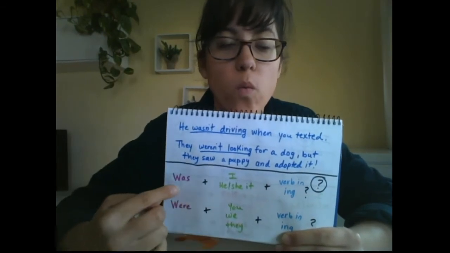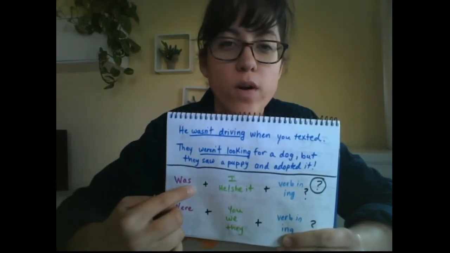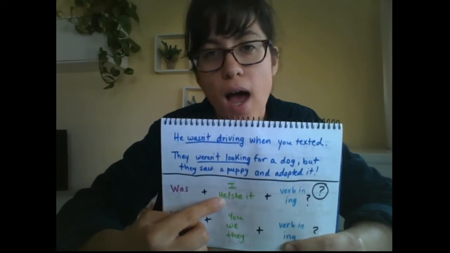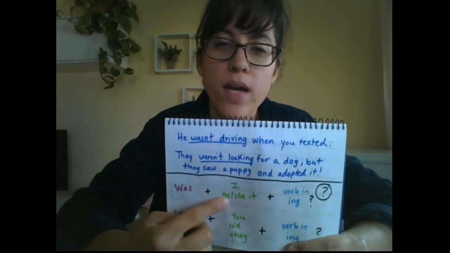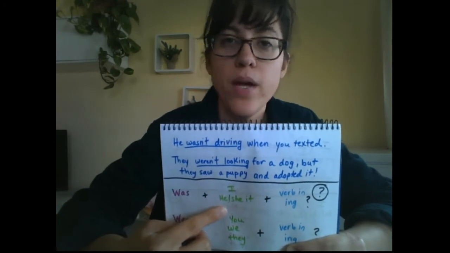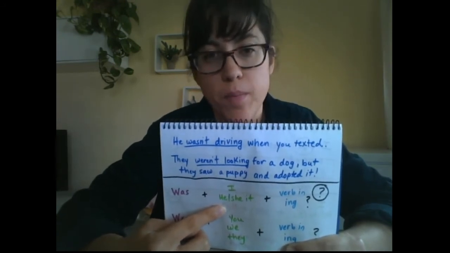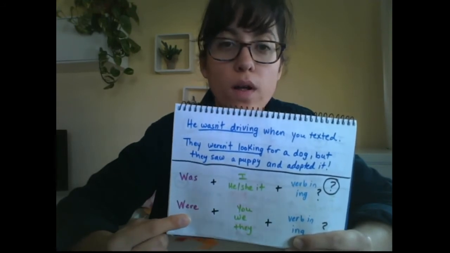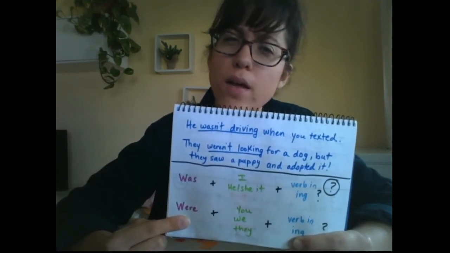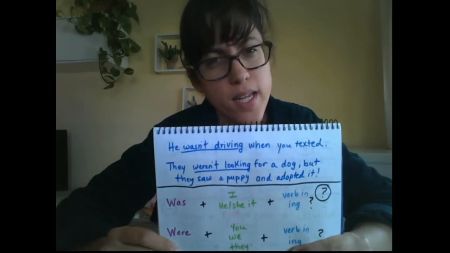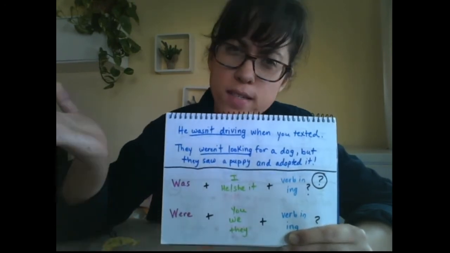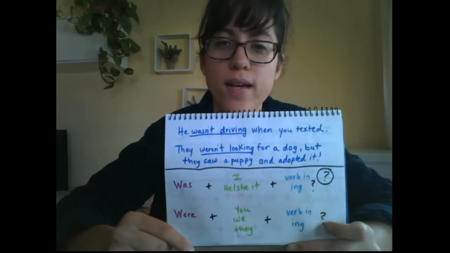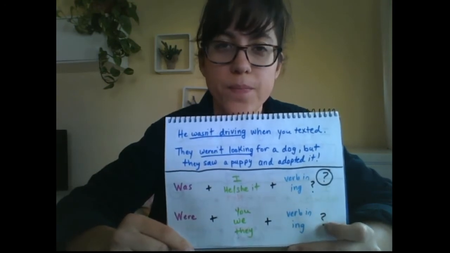We have was for the subjects I, he, she, it. Was I sleeping? Was he sleeping? Was she sleeping? Was it sleeping? And then, with you, we, they, were. Were you sleeping? Were we sleeping? Were they sleeping? And of course, no se puede olvidar el signo de interrogación.